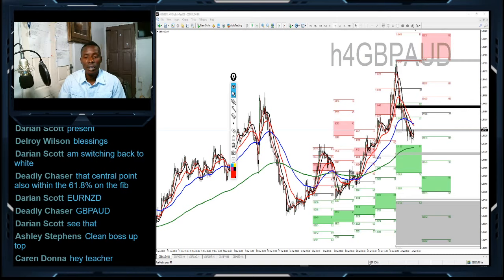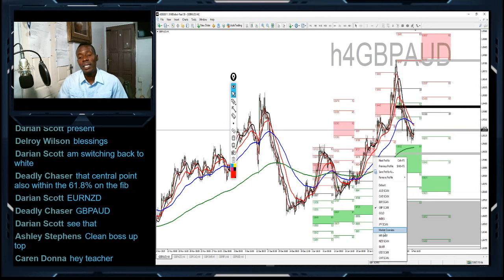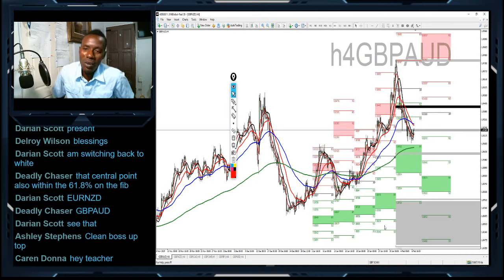Can't close out without taking a look at my yen charts, and I would like to show the templates with the dark background. You can leave a comment and tell me your thoughts.